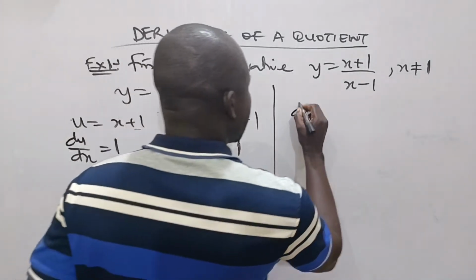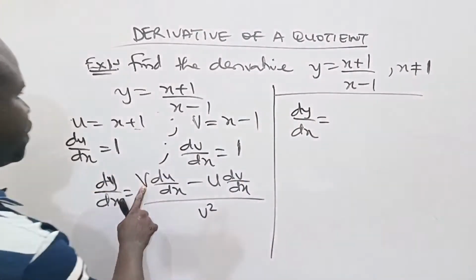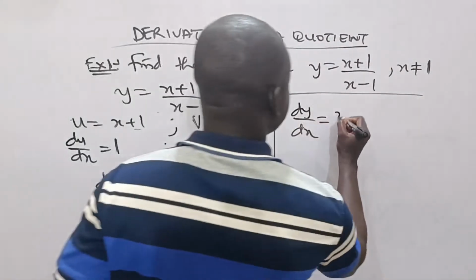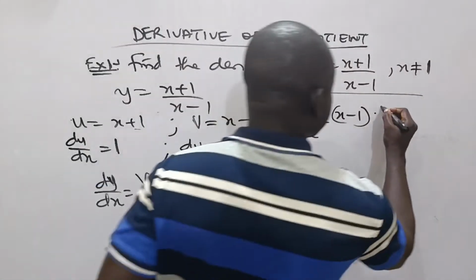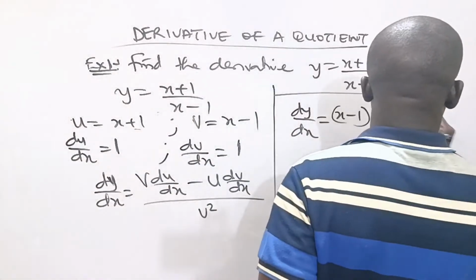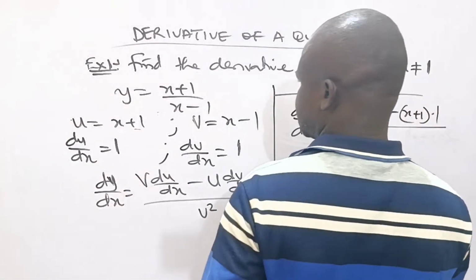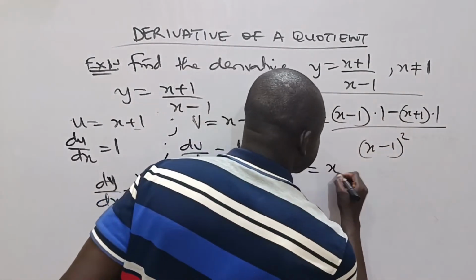Then dy dx, what we are looking for, will now be, what is v? V is x minus 1 multiplied by du dx, 1, minus u, which is x plus 1, multiplied by 1, all over x minus 1 squared. So if we simplify this, we are going to have x minus 1.